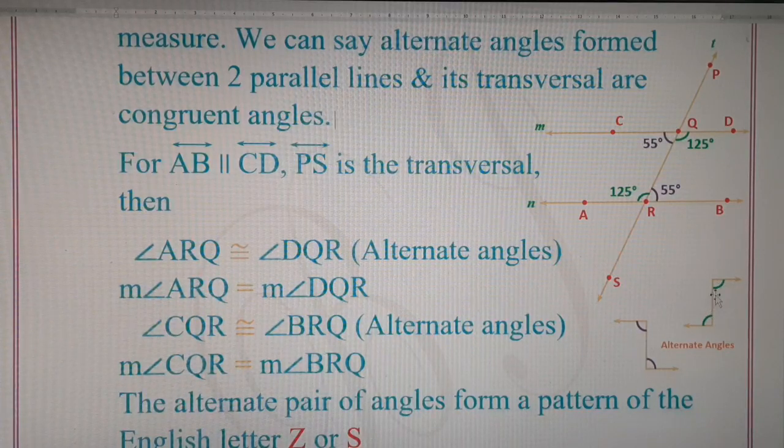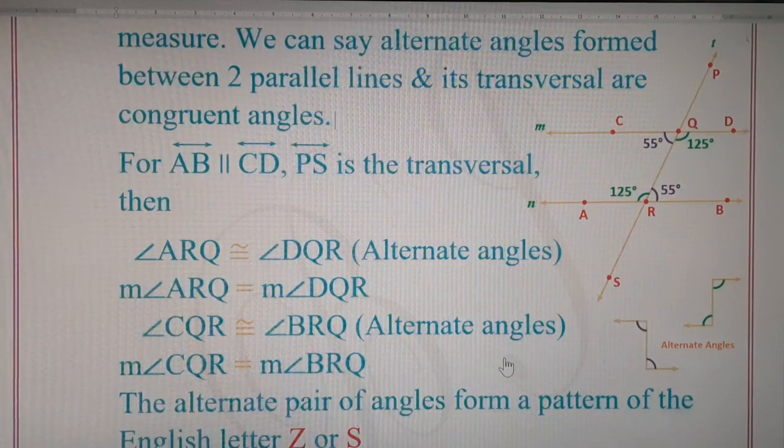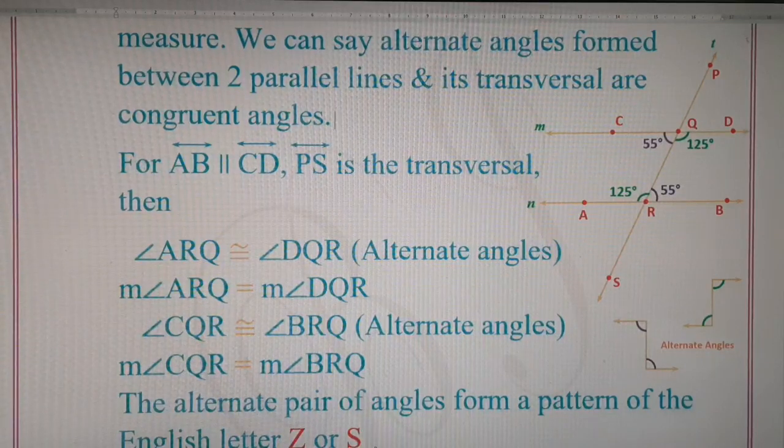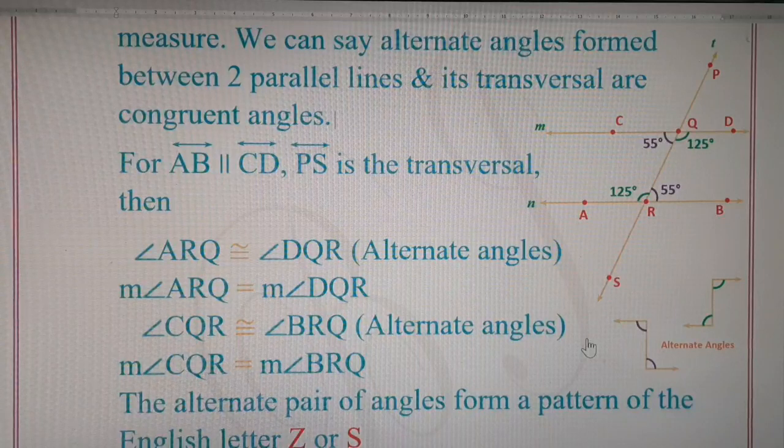So if the Z or the S pattern is formed for two parallel lines and its transversal, the alternate angles are of equal measure, they are congruent, so we can very easily calculate their measurement. Such a pattern, when formed, means those two angles are alternate angles, especially for parallel lines and its transversal.